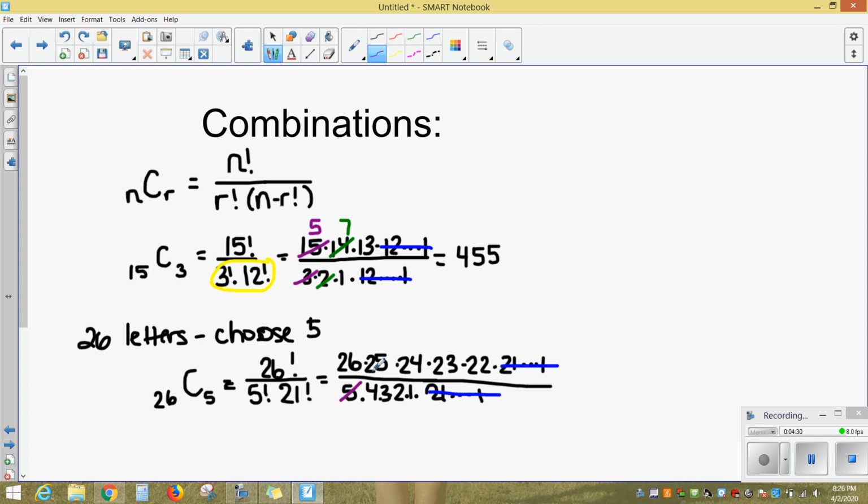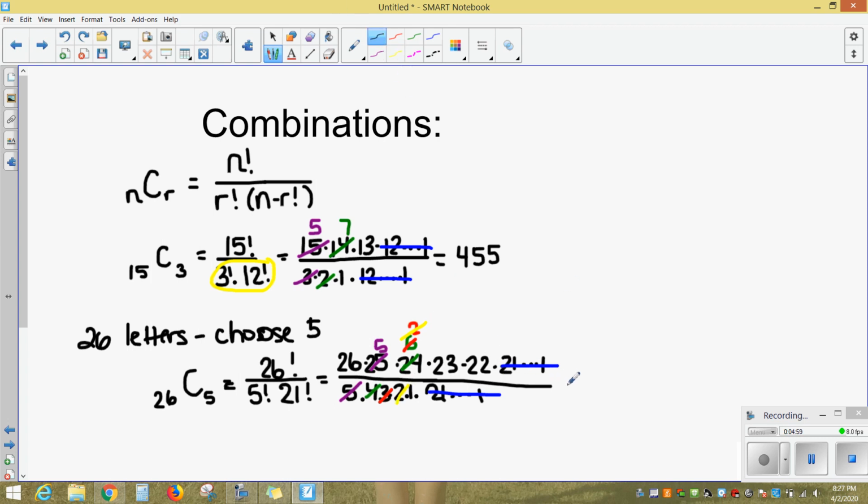Now, 5 goes into 25 5 times. 4 goes into 24 6 times. 3 can also go into 6, so now I have a 2 there. My 2, another 2 goes in here. Or I could have wiped out the 2's. Maybe I'll do that. I'll wipe out the 2's right here.